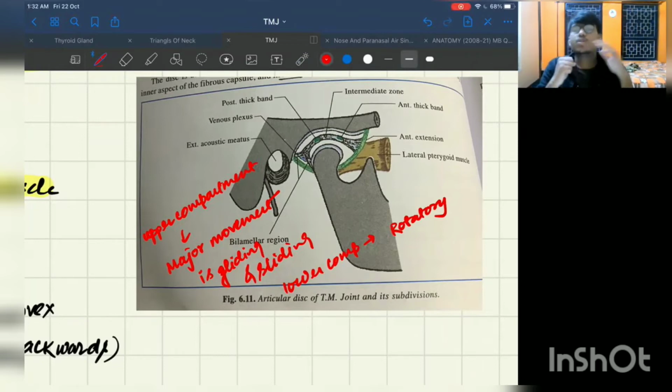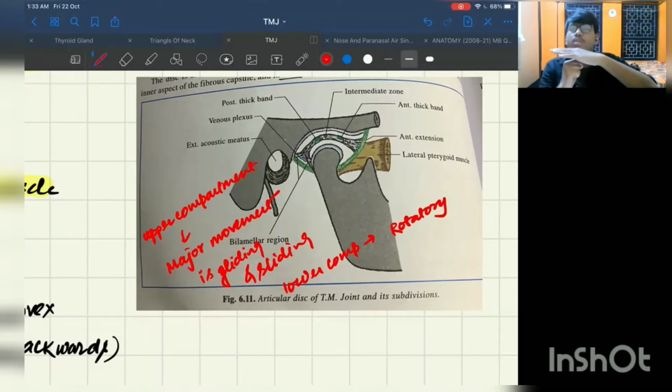These movements are actually gliding or sliding movements. In gliding and sliding movement, the upper compartment usually provides the movement. If my fist is the head of the mandible and this is the cartilage, then the movement will take place like this. The cartilage and the mandible will move like this. So the movement is taking place in the upper compartment.